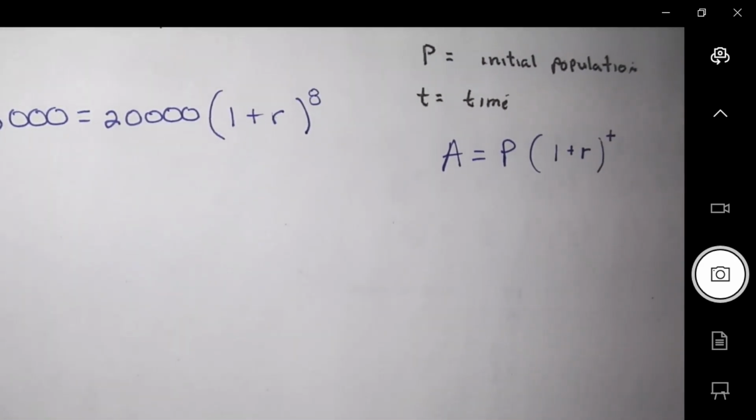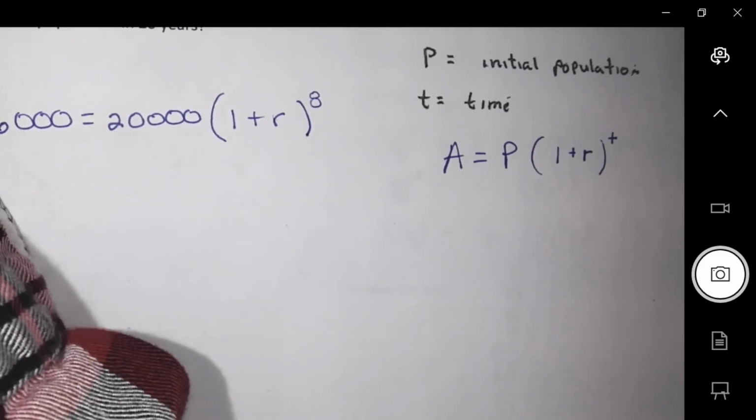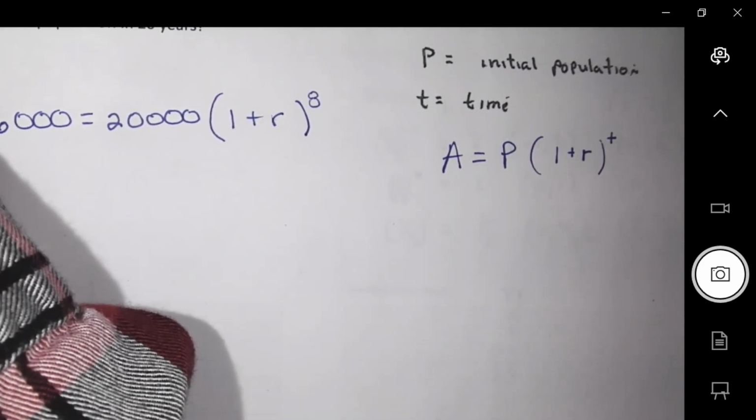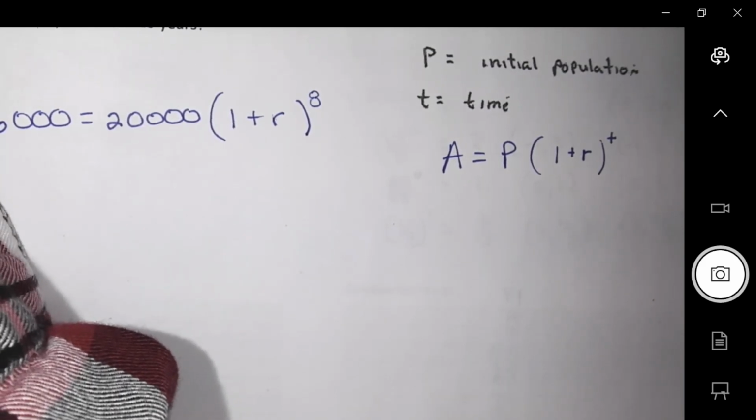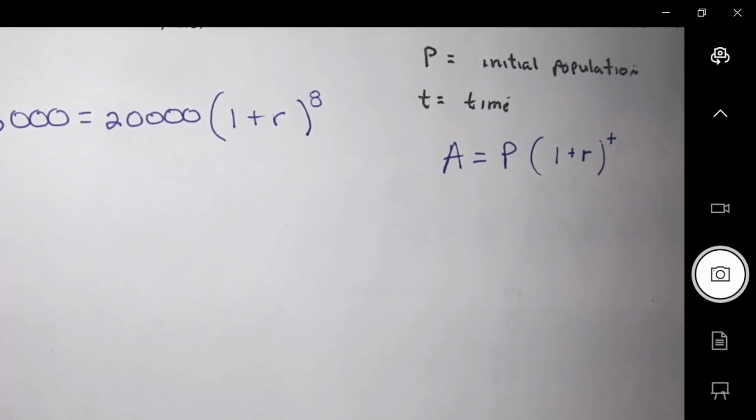Where's the formula from your notes? What was the population growth formula? Do you have something in your notes? Right here.